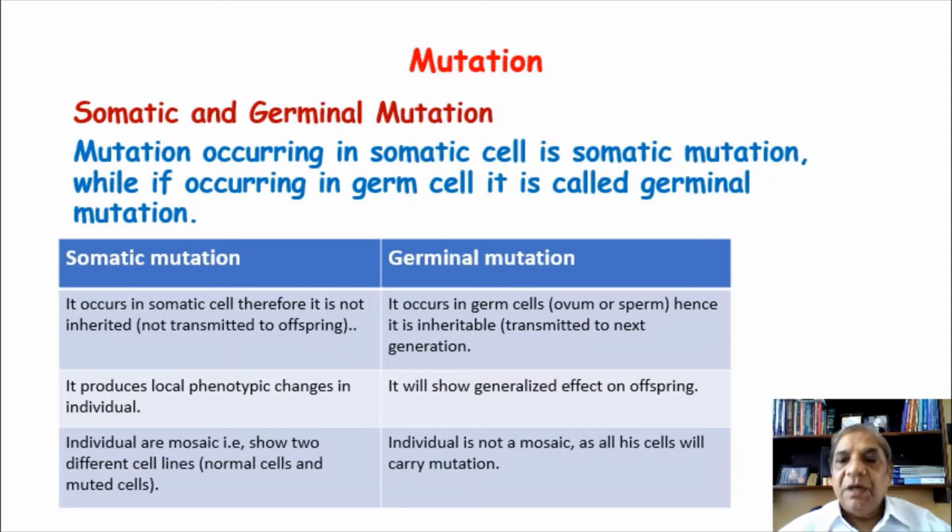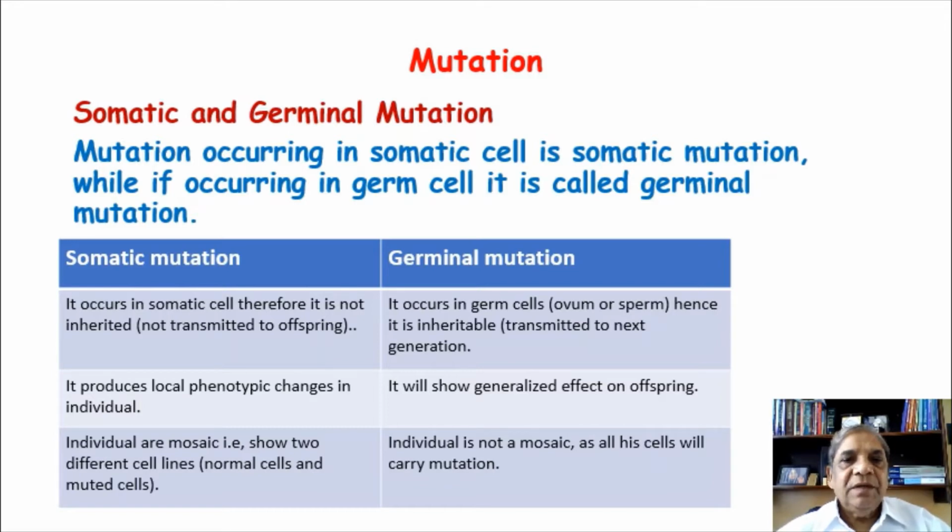I mean all those cells which are present in our body except the egg, that is ovum, and the sperm. The sperms are not somatic cells, they are germline cells, or germinal cells or gametes. They are called gametes because they contain the haploid number of chromosomes. Their genetic constitution is absolutely different than the somatic cells.